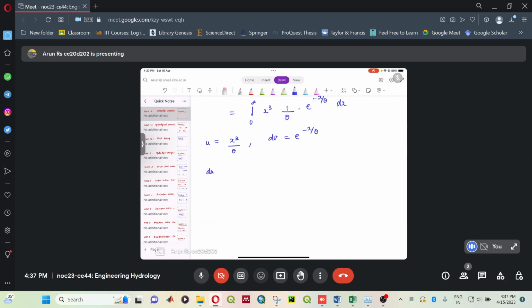So differentiating u with respect to x, we will get 3x square by theta dx. So we have dx here. And v is equal to minus theta e power minus x by theta. Now again integration by parts, uv minus integral v du.